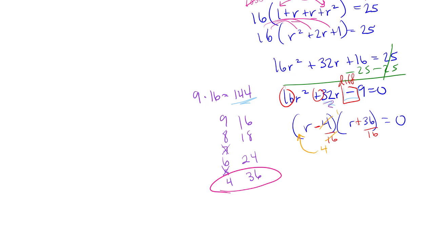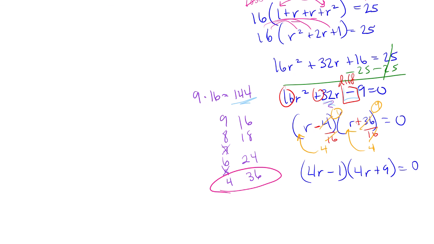The 4 goes in front, the 1 stays. 36 over 16, let's see, 4 is a common factor, so we get 9 over 4. 4 goes in the front, the 9 sticks around. So it's going to be 4r minus 1 times 4r plus 9 equals 0.